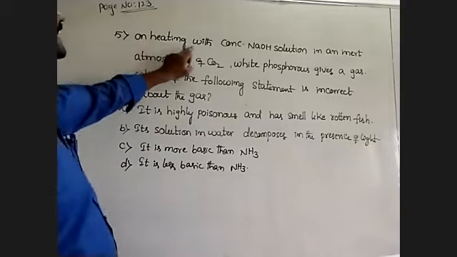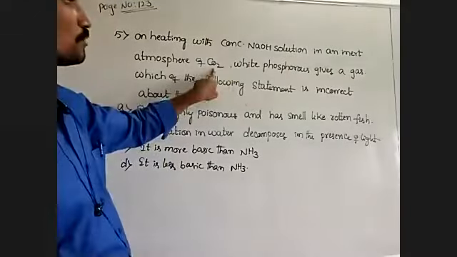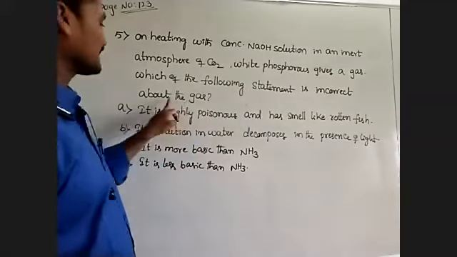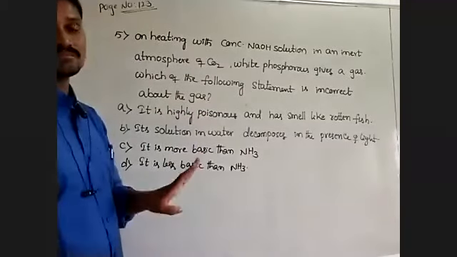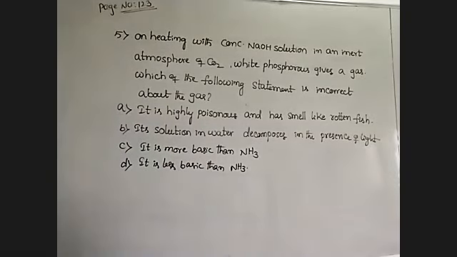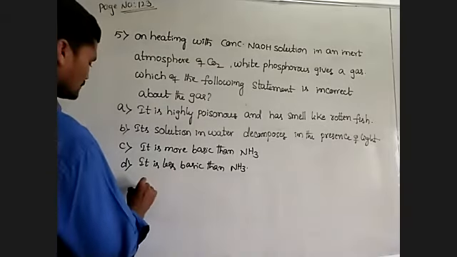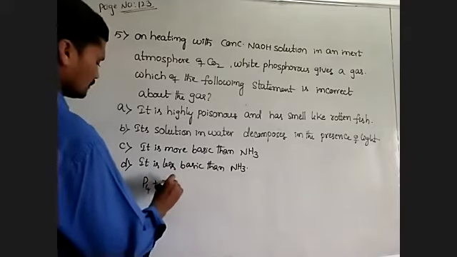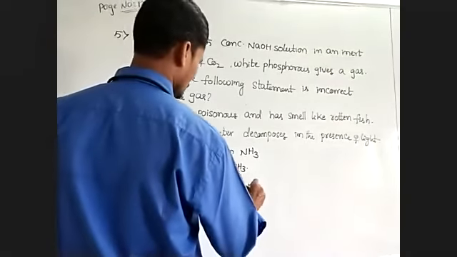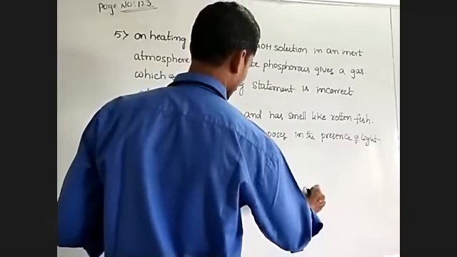On heating with concentrated NaOH solution in an inert atmosphere of CO2, white phosphorus gives a gas. Which of the following statements is incorrect about the gas? Incorrect means not correct. First of all, we can write the reaction: white phosphorus P4 plus 3 NaOH plus 3 moles of water gives phosphine and sodium hypophosphite.